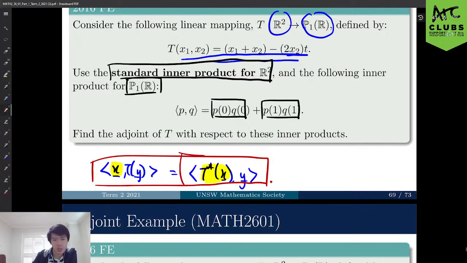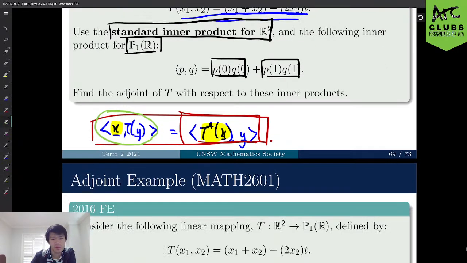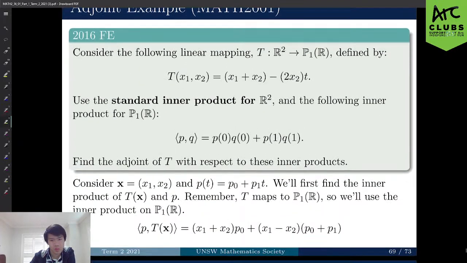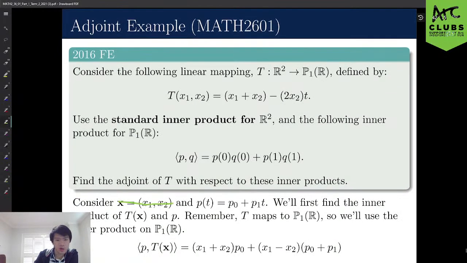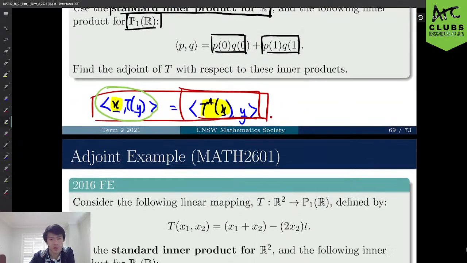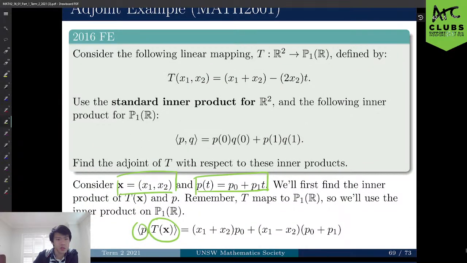So because we don't know this just yet, we're trying to find it. Let's just calculate this thing first. Let's just calculate X and the inner product with T of Y. Actually, yeah, we'll do this. So we've got an X over here. We've got an X down here. And we've got an arbitrary P. So what we'll do is we'll find the inner product of P with T of X. Different from there, but it's just going to be P times T of X. And the reason for this is because T maps R2 down to P1R.